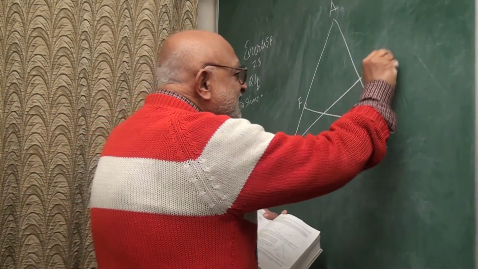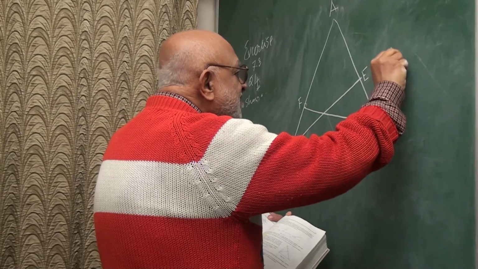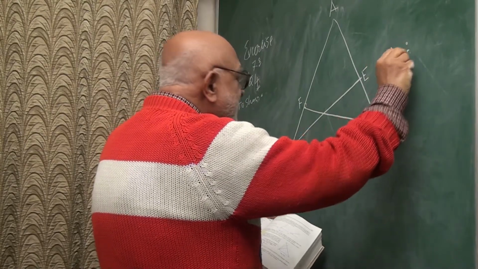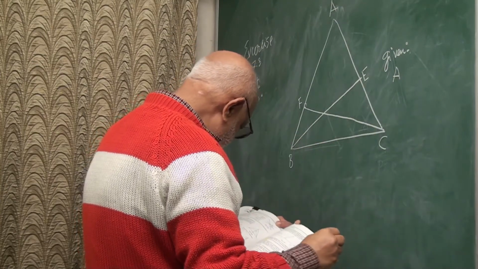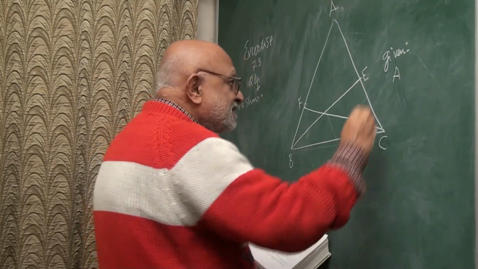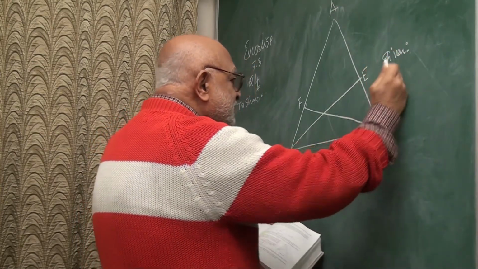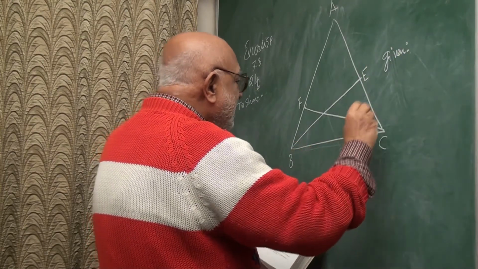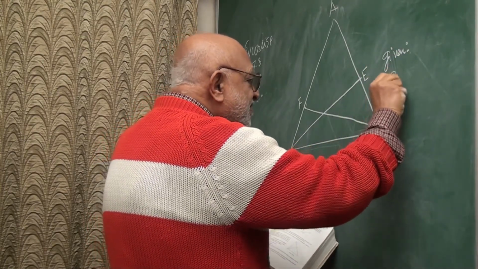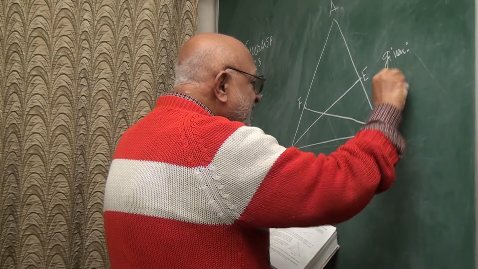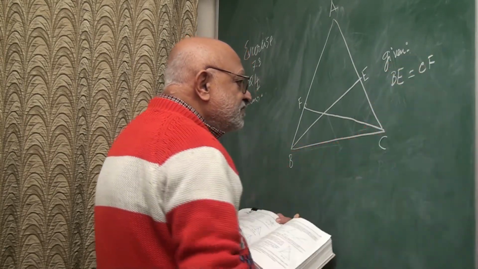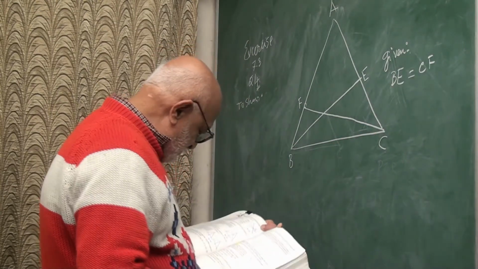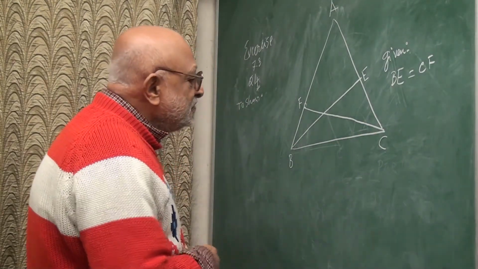Okay, they are equal. So what is given? Given AB, no, it's not given. This is an isosceles triangle. It only gives BE is equal to CF. Not BF equal to CF, BE equal to CF.